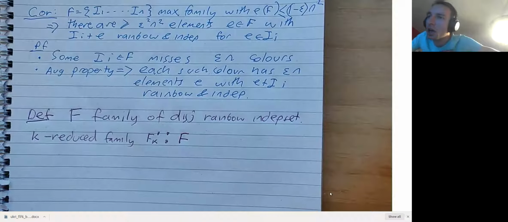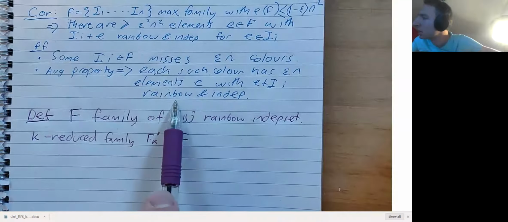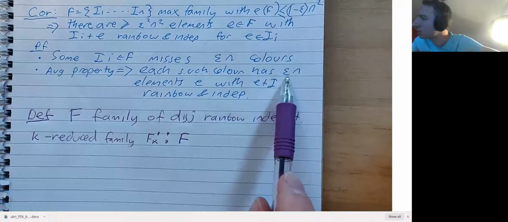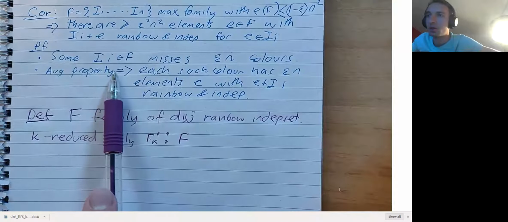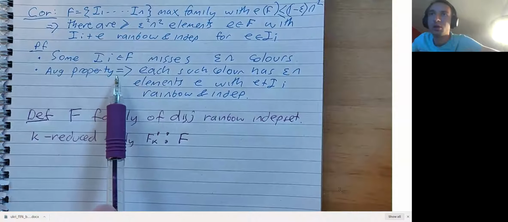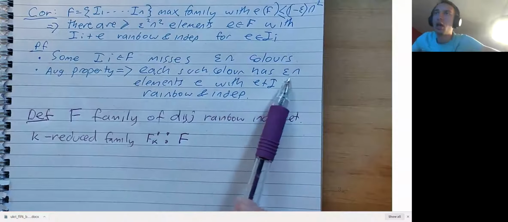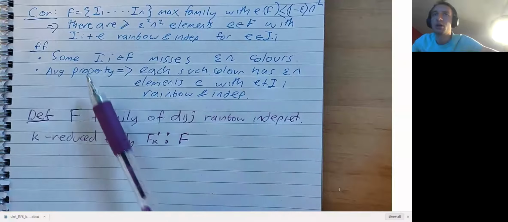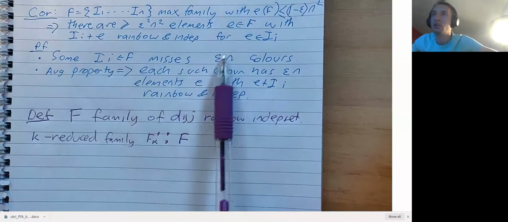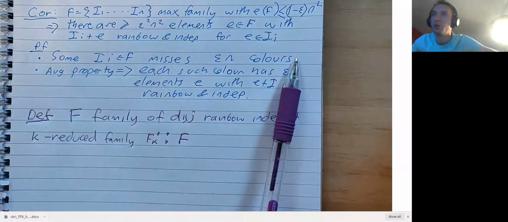So Liana Yepremian asked, why was every color missing epsilon n many? So I just mean the second one. Why is it that for every such color you have this property that you can move elements? It comes from this: every color has n elements. This independent set misses epsilon n elements because it misses this many colors in its rainbow.